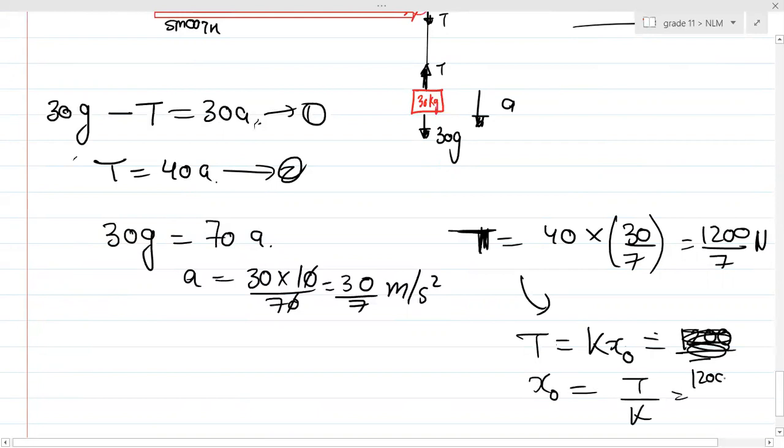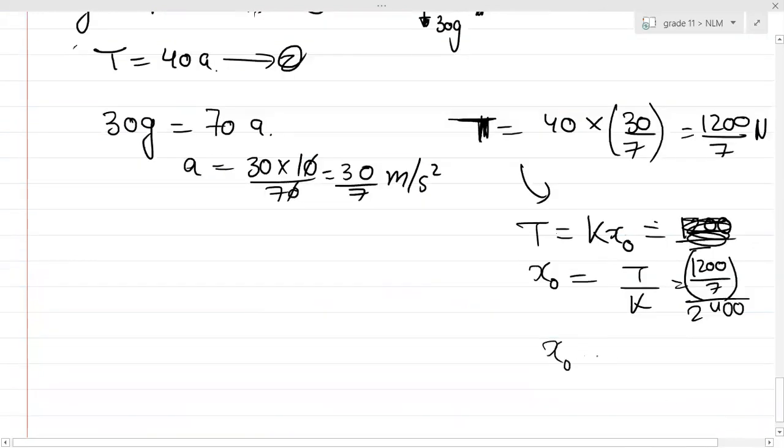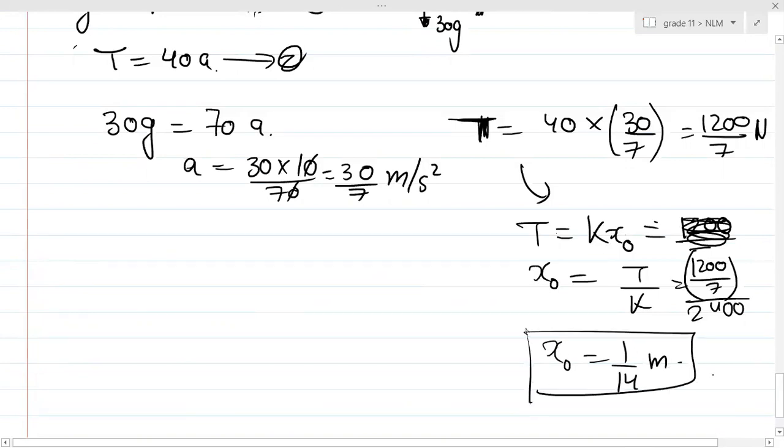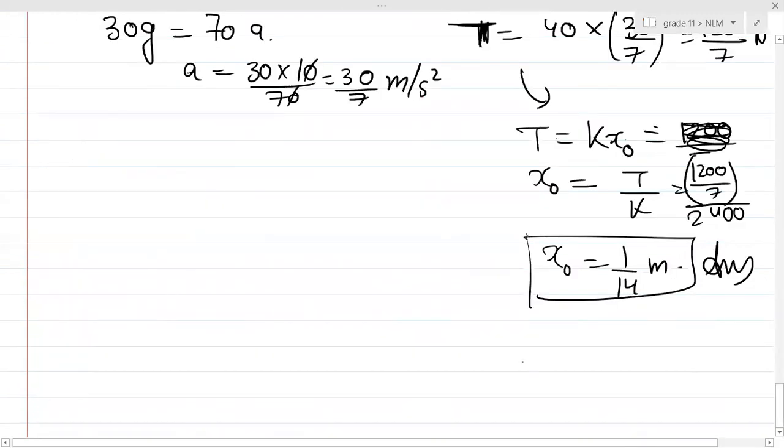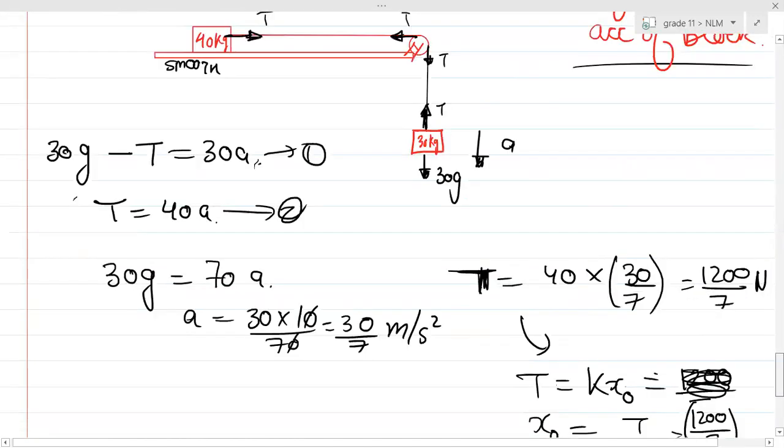So 1200 divided by 7 divided by 2400, it will be equal to 1 upon 14 meters. Or basically, you can write it in centimeters as well. It should be approximately how much? 100 divided by 14 centimeters. So you can write in centimeters if you want. No big deal. Please write it down.